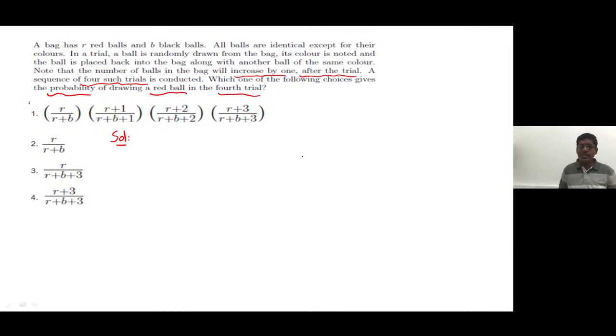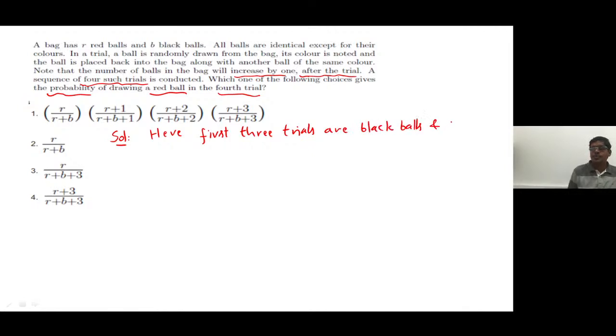So he is expecting a red ball in the 4th trial, which means the first 3 trials are black balls and the 4th trial is a red ball. So here, the first 3 trials are black balls, and the fourth trial is a red ball.